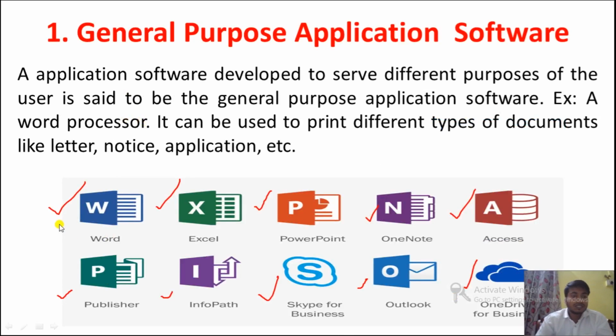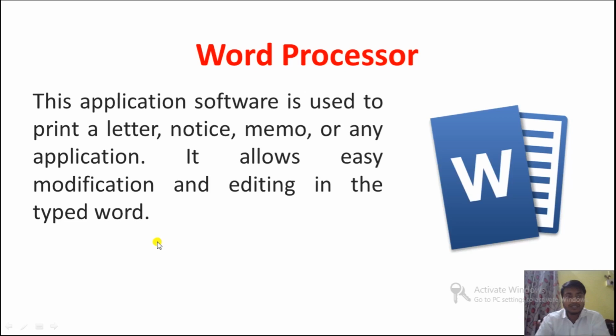Now we are going to discuss all the applications one by one in detail. Here we have the word processor, and this is a very important application. The word processor comes under Microsoft Office. This application software is used to type a letter, notice, memo, or any application, and after that it allows us to take the printout.